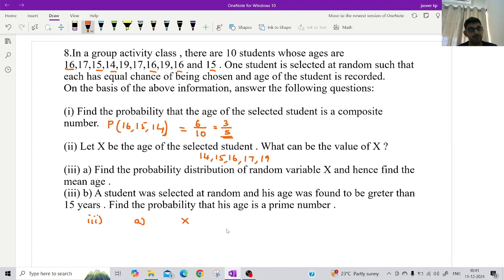So the x values are 14, 15, 16, 17 and 19.